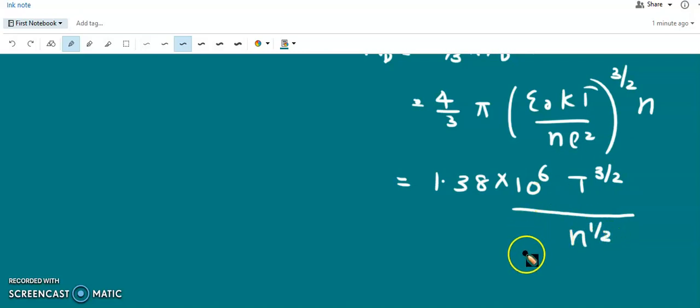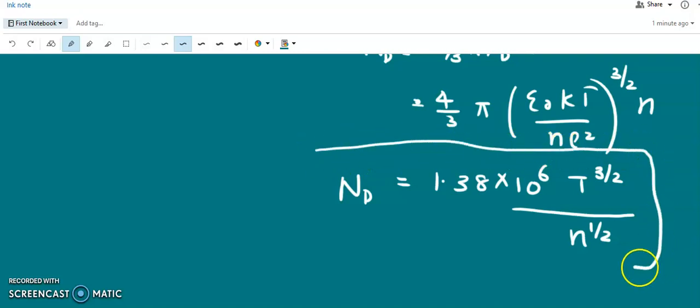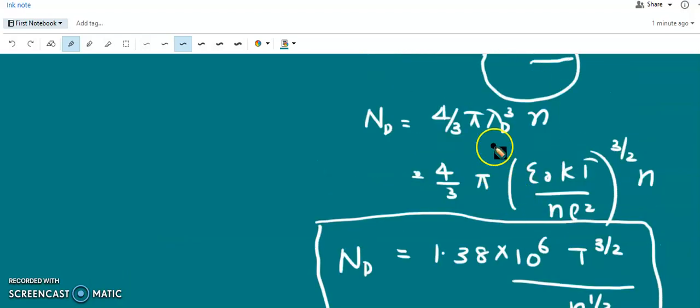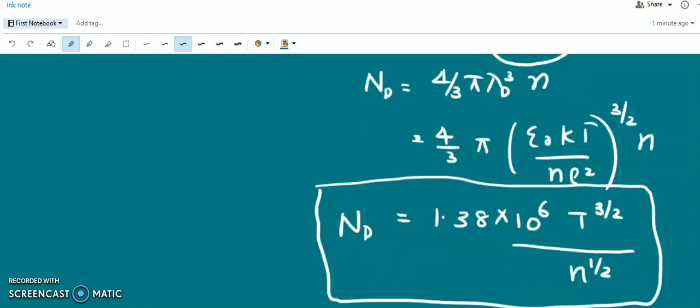So this is the expression for ND. Okay. So given lambda D and n, you can calculate ND using this expression, and given temperature and n, you can calculate ND using this expression.